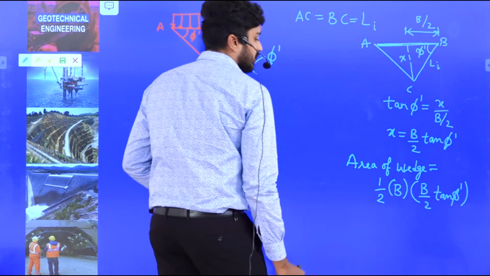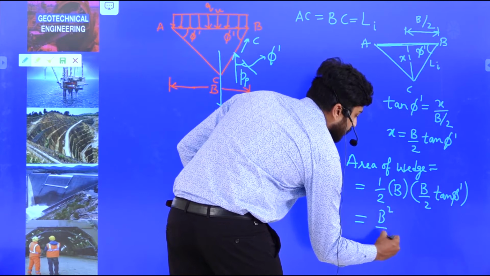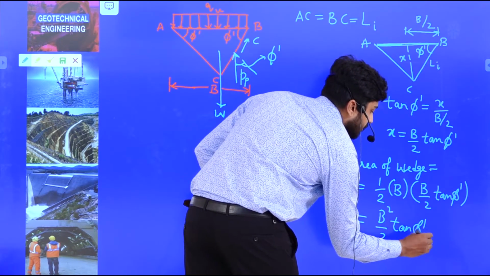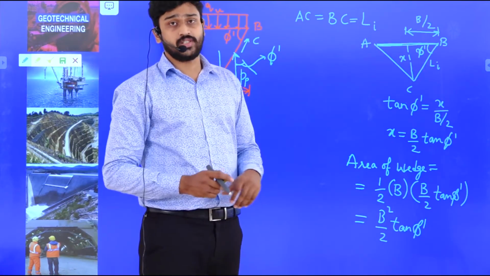Simply I can denote this as B square by 4 tan phi dash. So this is the area of this particular wedge.